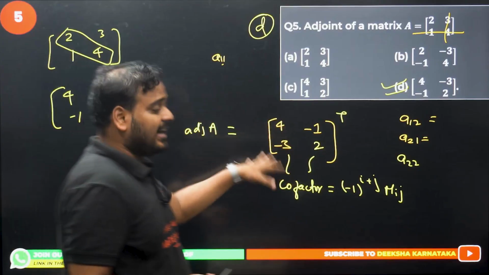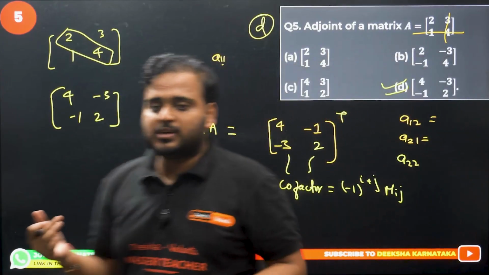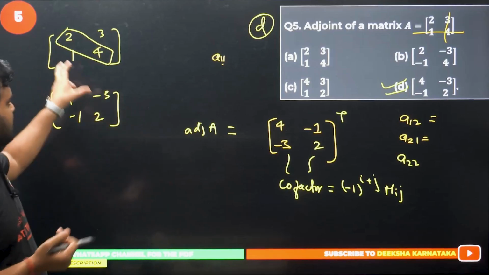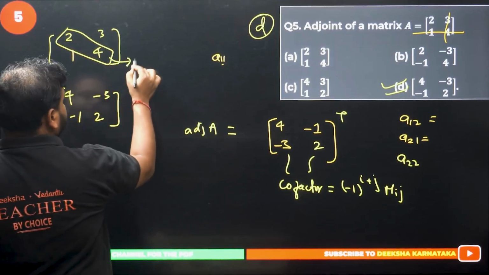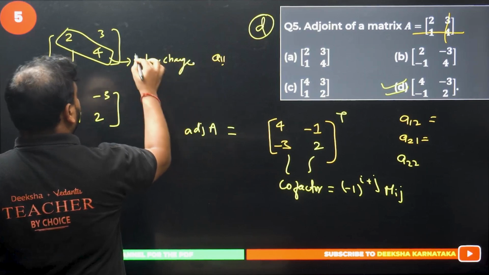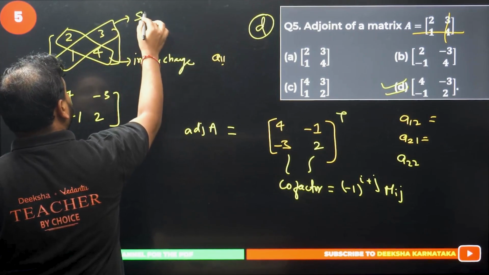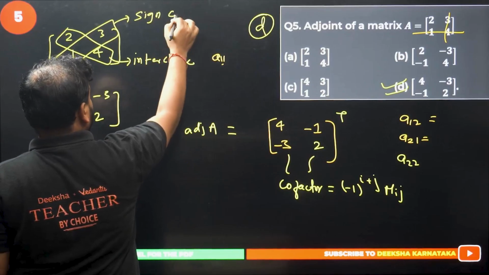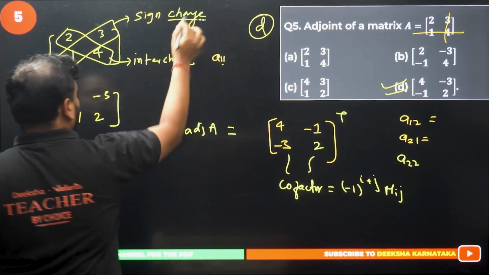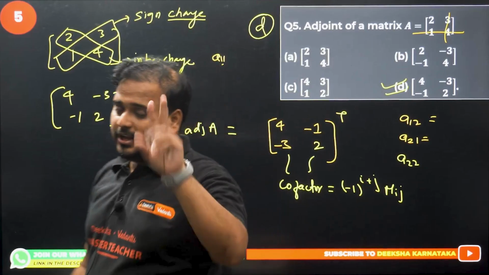Otherwise you have to do the entire process as I have done. But this is a 1 marker, right? You can use the trick. What is the trick? Across the diagonal, interchange. Across the other elements, only sign reversal or sign change. Only sign change. Got it? That is the trick to find the adjoint of only a 2 cross 2 matrix.